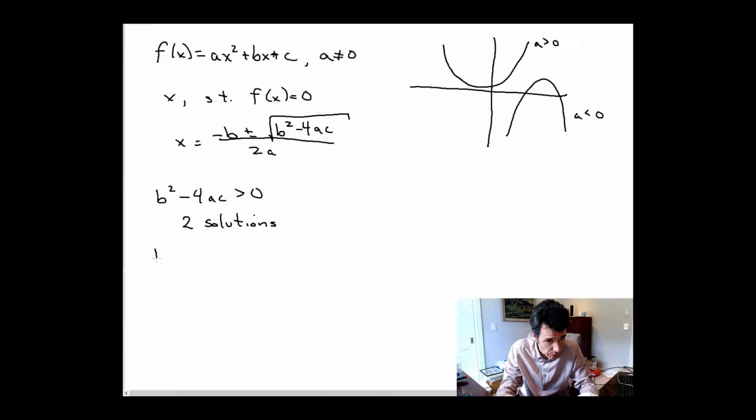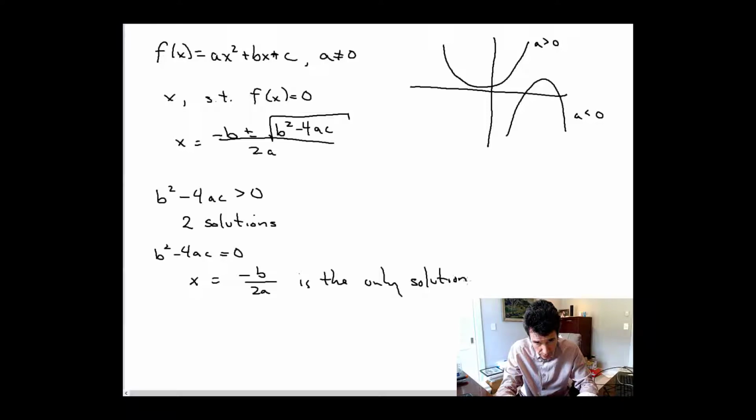The next case would be b squared minus 4ac equals 0. So if this is 0, then x equals negative b over 2a is the only solution, or root, to our equation.